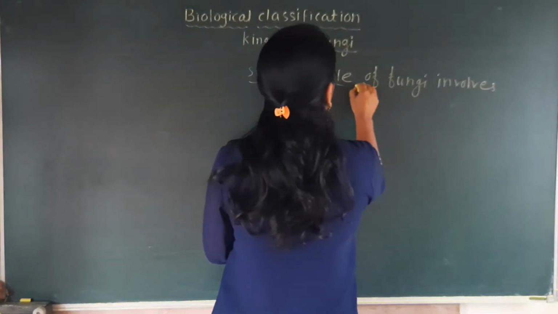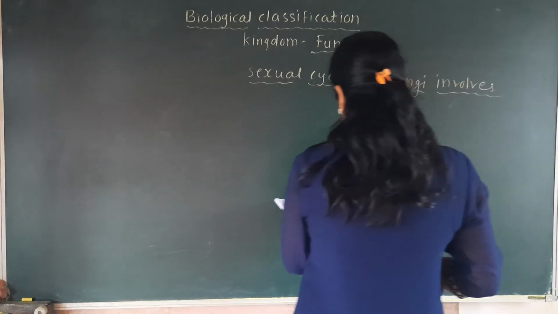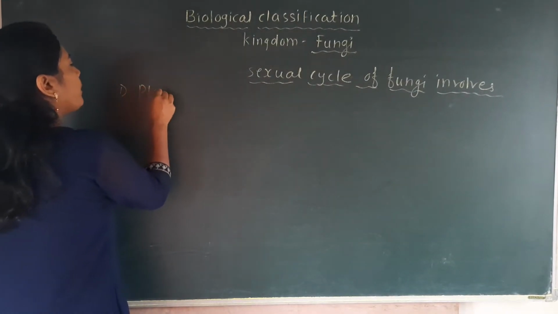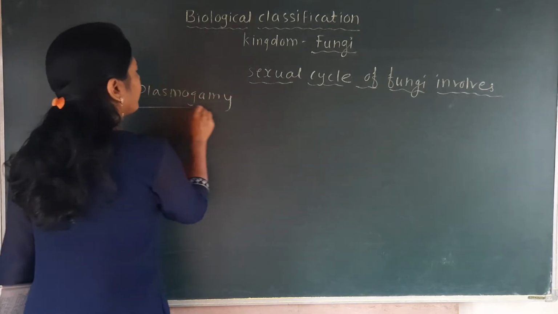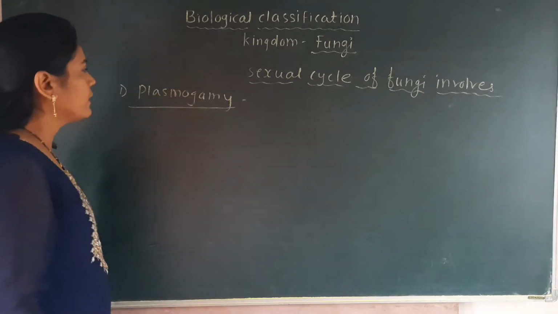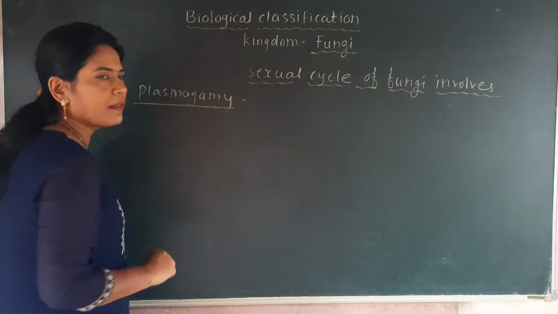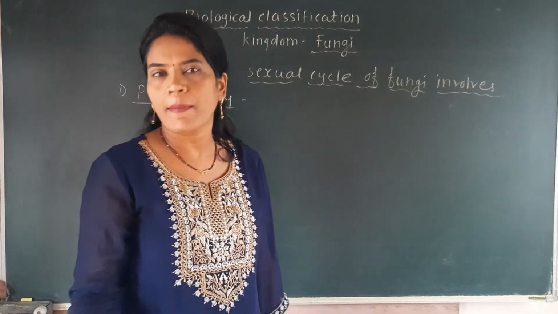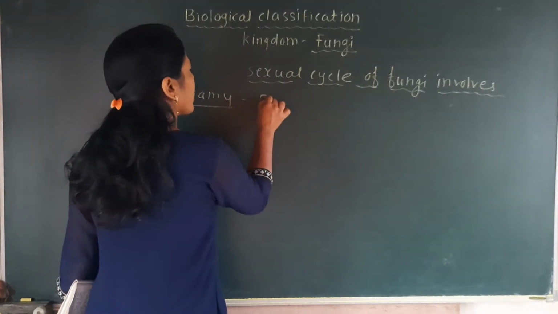These three methods are: one is called as plasmogamy. First we will see what is meant by plasmogamy. So plasmogamy means, no doubt here, keep in mind, sexual cycle means there is a gamete, okay, male gamete and female gamete. So what is plasmogamy?